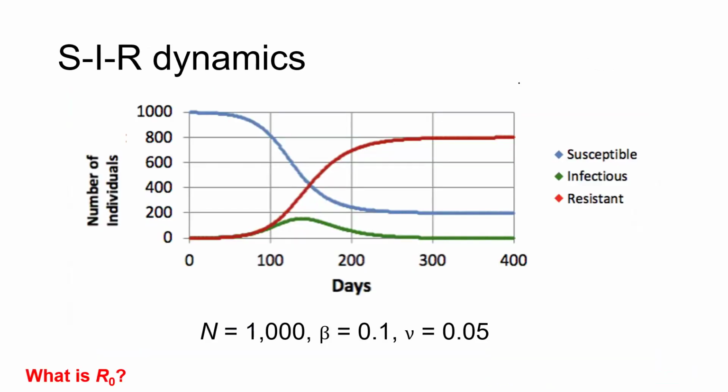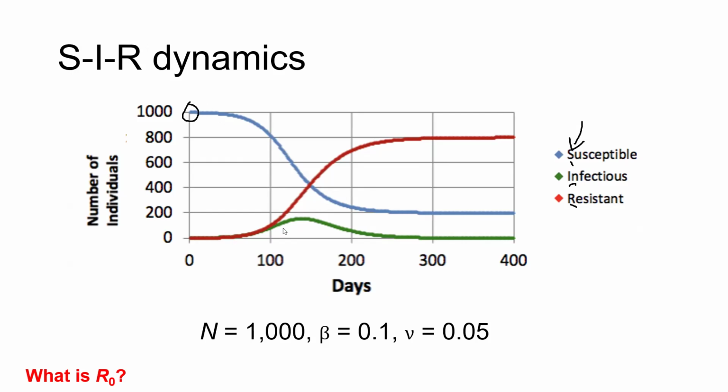So when we consider the SIR dynamics of a particular kind of infectious agent, typically, if we think about the S part of this, right? S, I, and R, the susceptible population is typically any number of individuals that could be infected by a particular kind of infection.